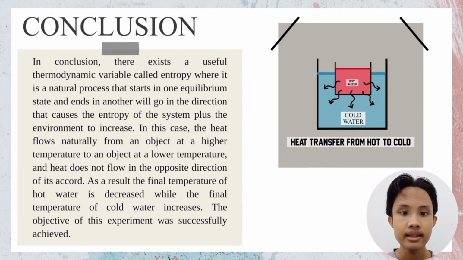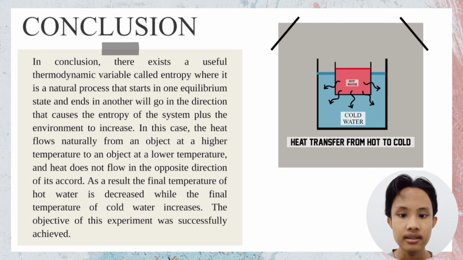In conclusion, there exists a useful thermodynamic variable called entropy, where a natural process that starts in one equilibrium state and ends in another will go in the direction that causes the entropy of the system plus the environment to increase.